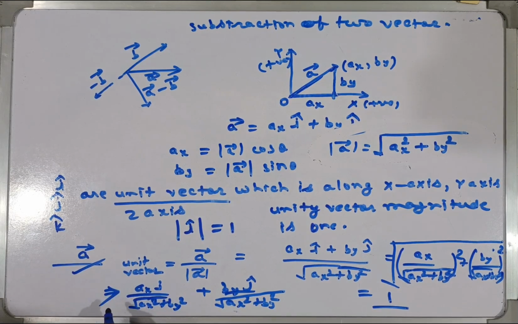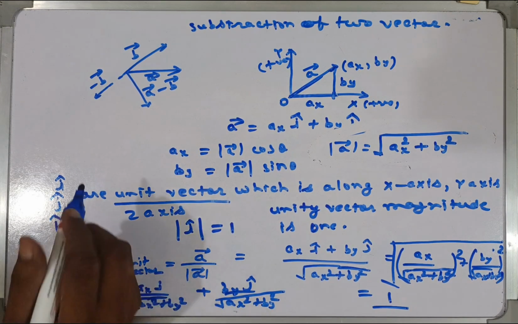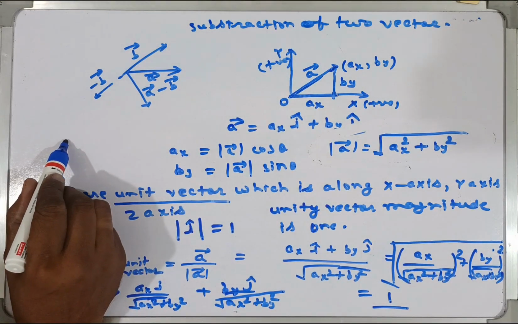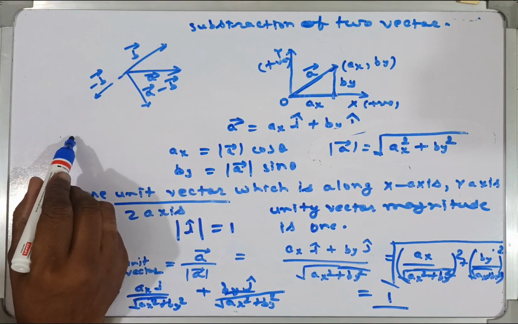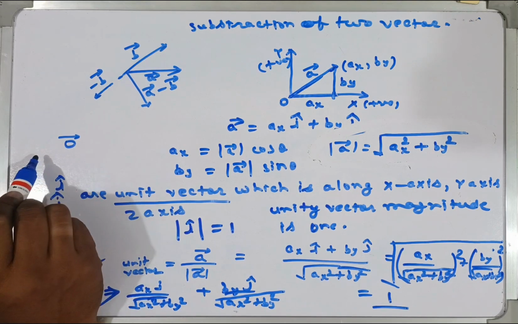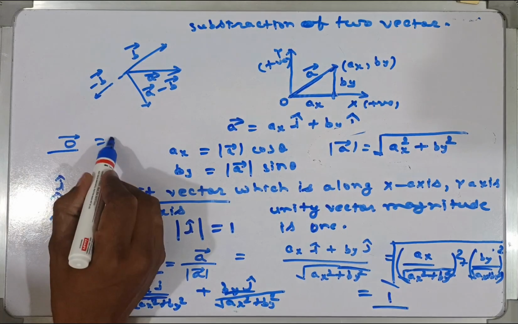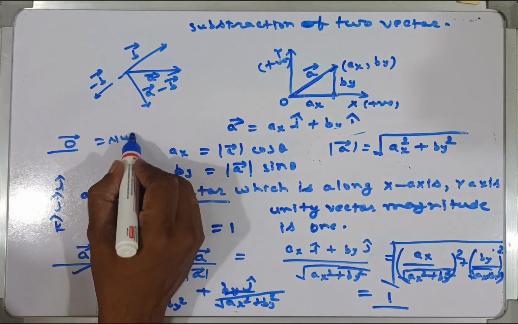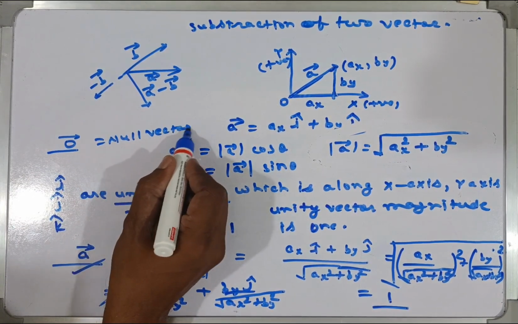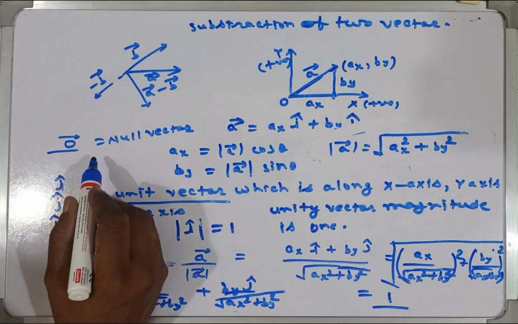For any vector you can write it. Okay, now guys, what is a null vector? Null vector means a vector whose value is 0, or you can say magnitude is 0, which is known as a null vector.